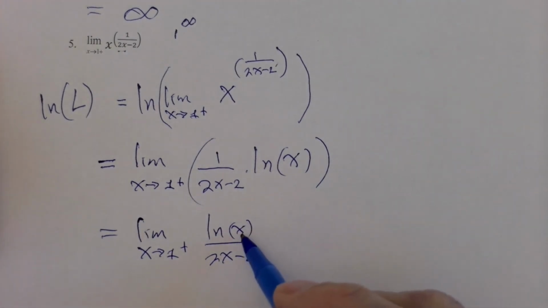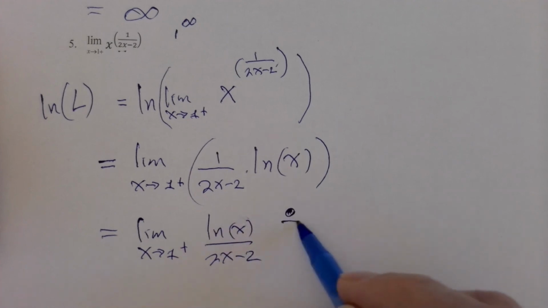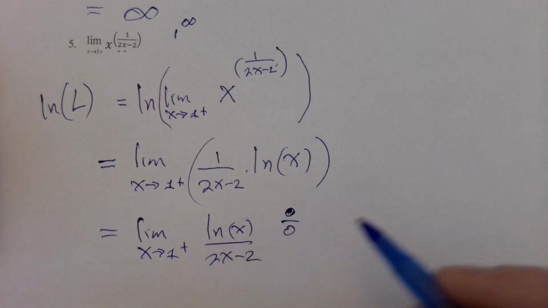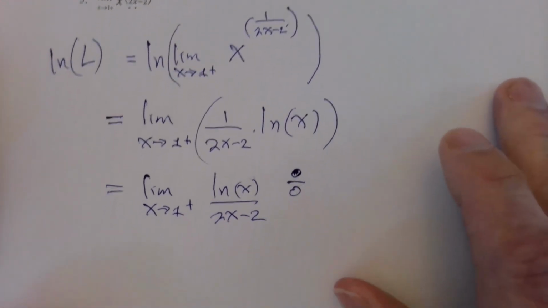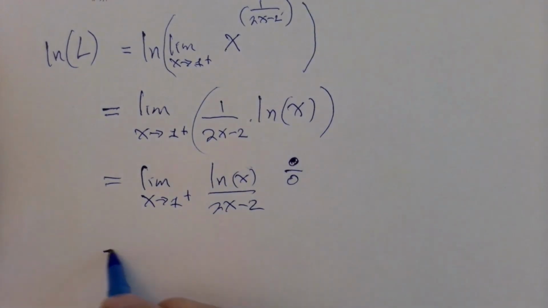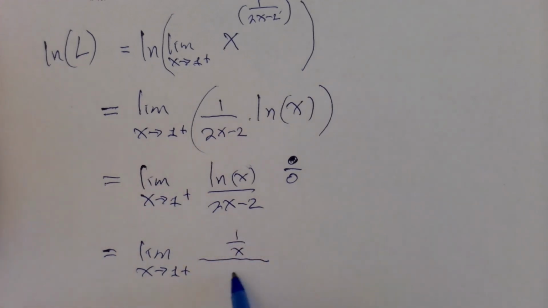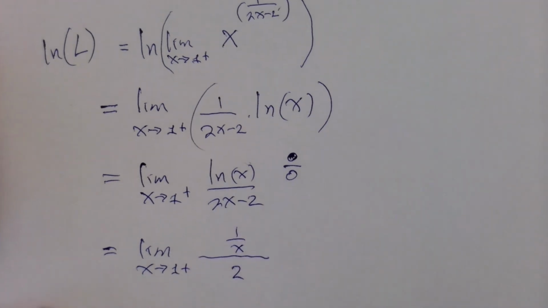As x approaches 1 from the right, the natural log approaches 0. As x approaches 1 from the right, 2x minus 2 approaches 0. So it's a 0 over 0 form, which means we can employ L'Hopital's rule. On top, the derivative is 1 over x, and on the bottom, the derivative is 2. Plugging in a 1 gives us 1/2.